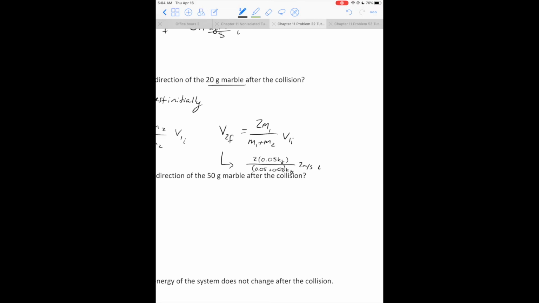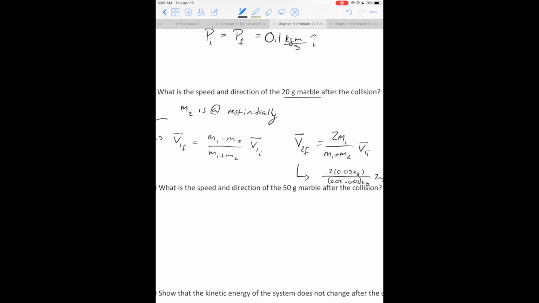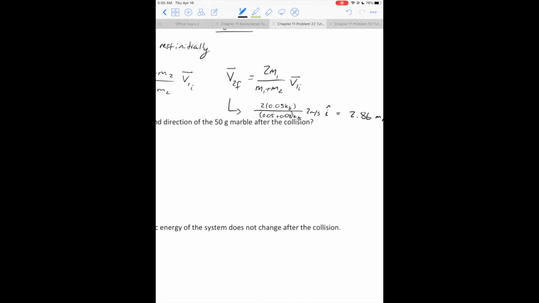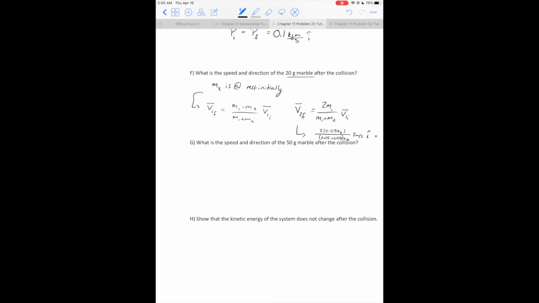I've got to say that this is in the I hat direction because our vectors matter here. All right. And now, if I throw this into a calculator, what do I get? I get 2.86 meters per second in the positive I hat direction. That makes sense. It got pushed in that direction.